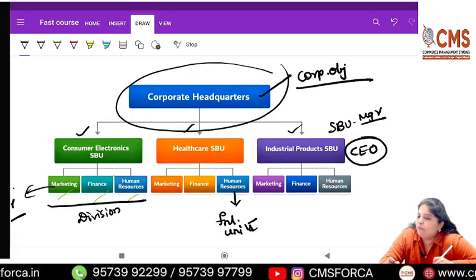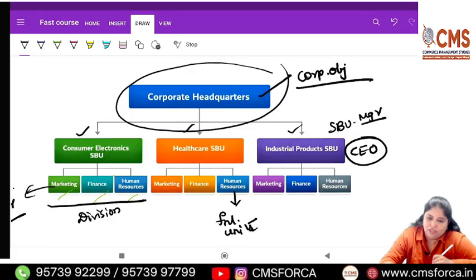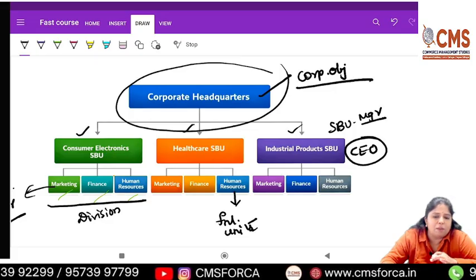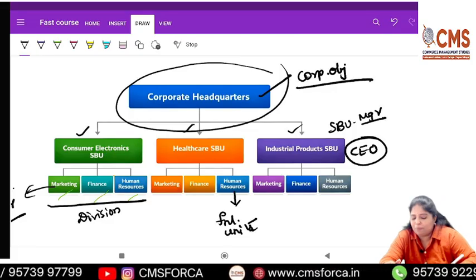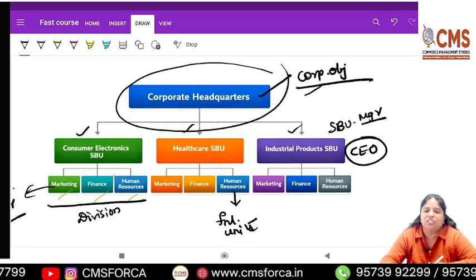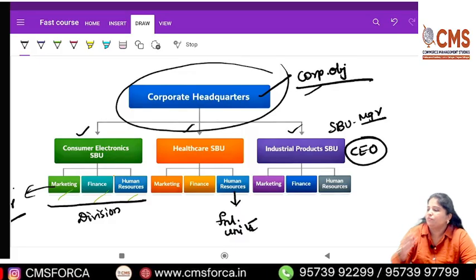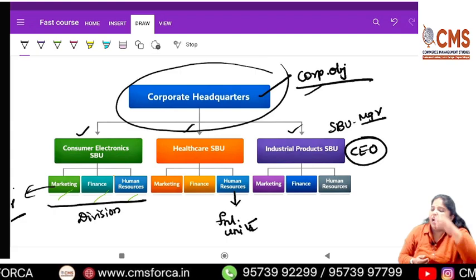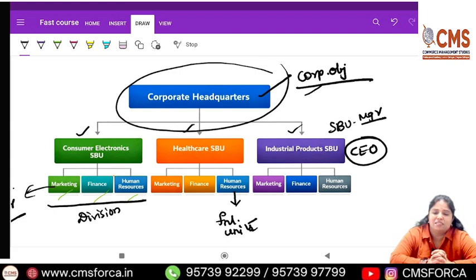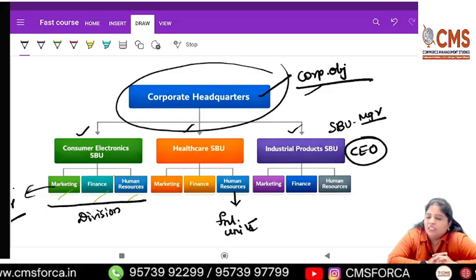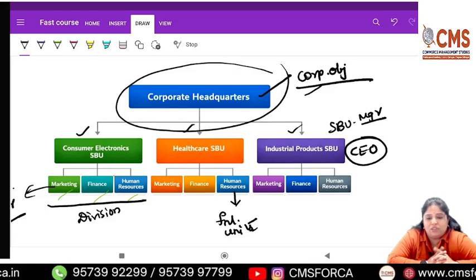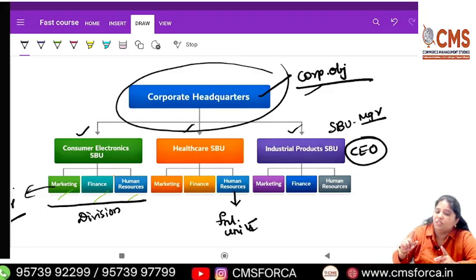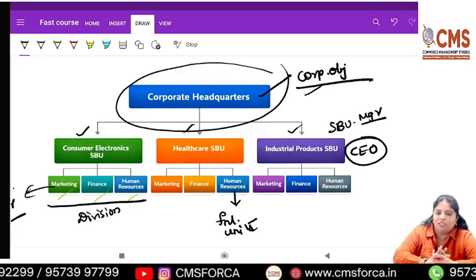But this alignment may not be seen. When your SBUs go more in number, all SBUs may not comply with the corporate objectives. At the end, the parent company's benefit matters, right? There might be 20 SBUs, but all SBUs must contribute to the overall corporate objectives.